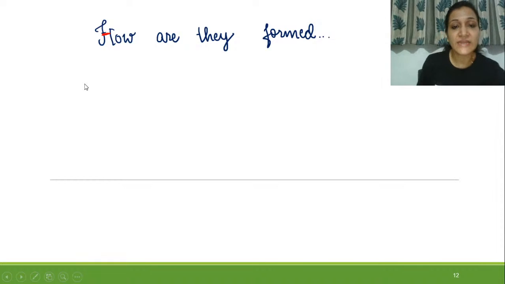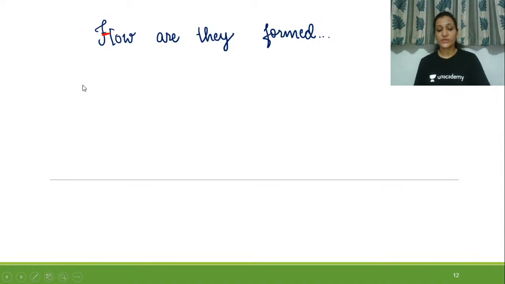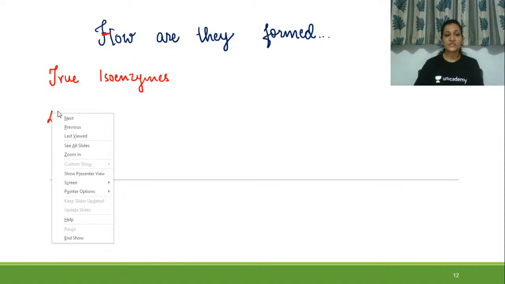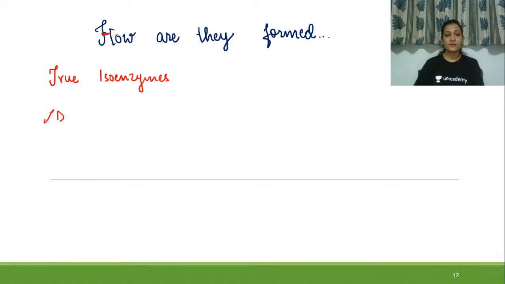So we'll be dealing each category individually. First of all, there are true isoenzymes, with the example of LDH.